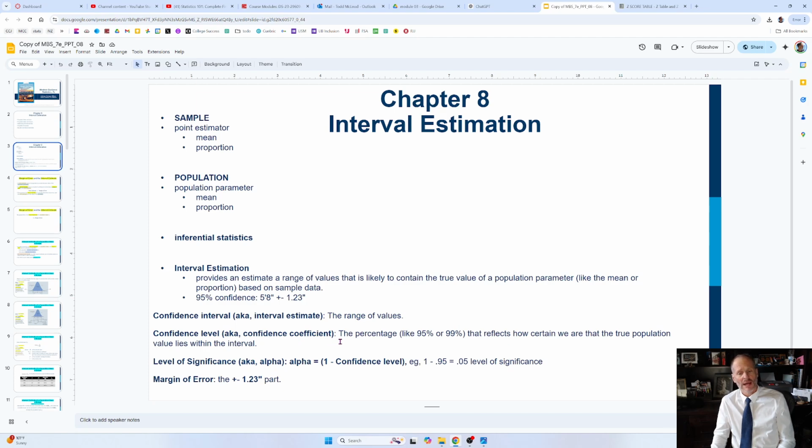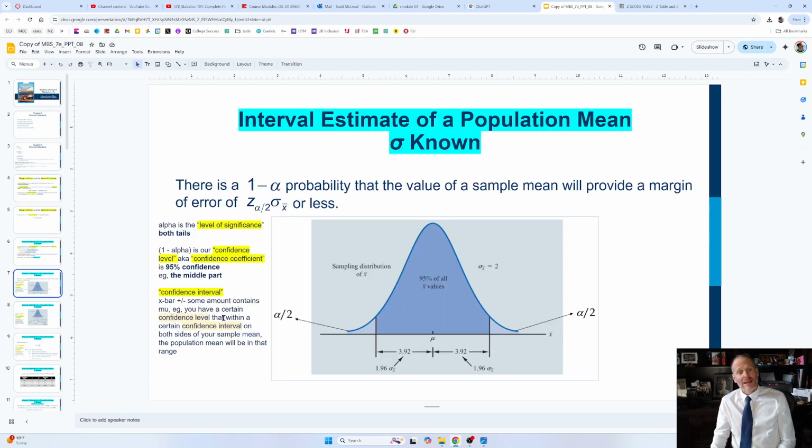So 1 minus 0.05 gives us 95%. And our level of significance is 1 minus the confidence level. 1 minus 0.95 gives us 0.05, which is our level of significance. The confidence level, or the confidence coefficient, is the middle part, the 95% here.